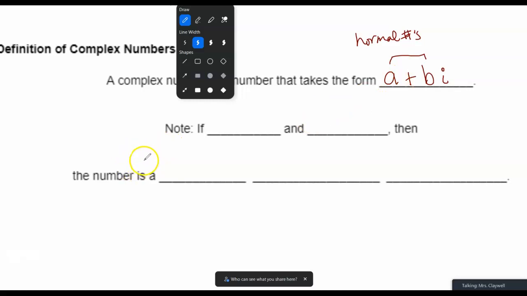Actually, sorry. If a equals 0 and b equals a number, then the number is what we call a pure imaginary number.